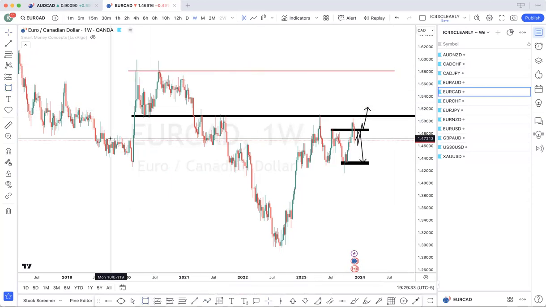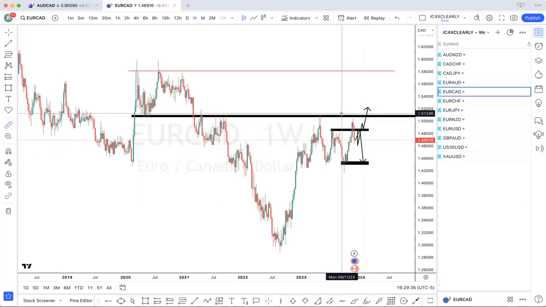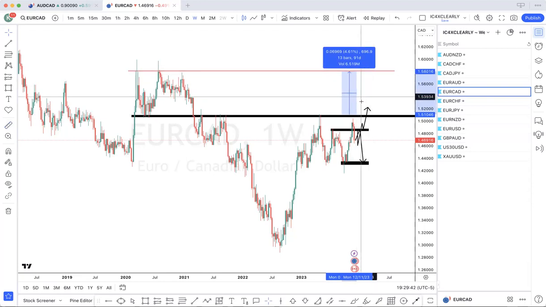Okay. So we're talking about 690 plus pips if it does break above this zone here and break this high. Okay.